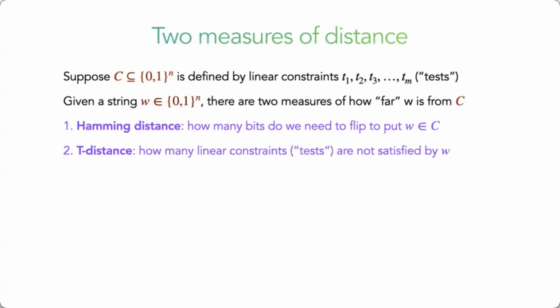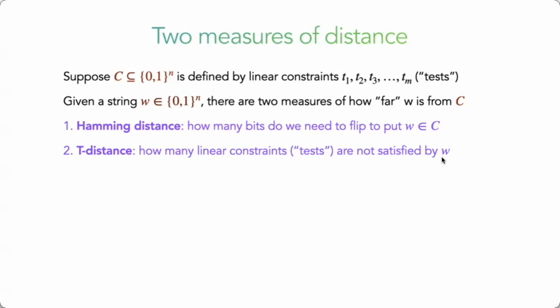And the second distance is kind of ad hoc. I'm just defining it for the sake of the lecture. Let's call it the testing distance, or the T distance. I'm going to ask how many of the linear constraints are unsatisfied by the specific W that we are given. If W is in the code, by definition, all the tests are happy.